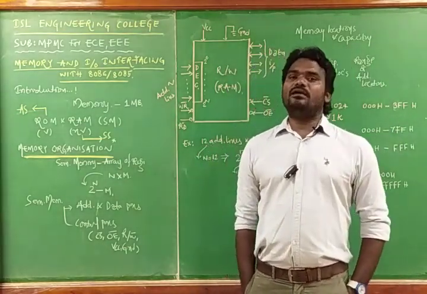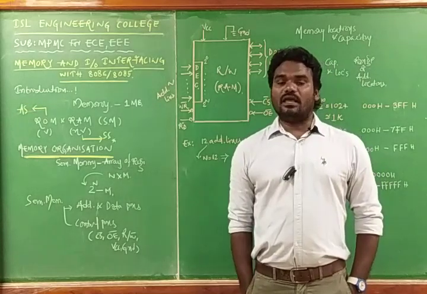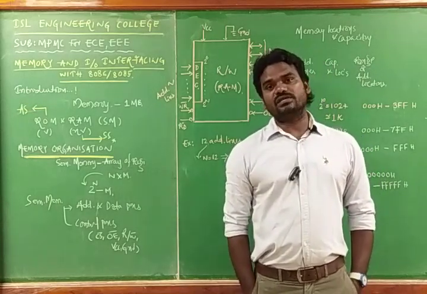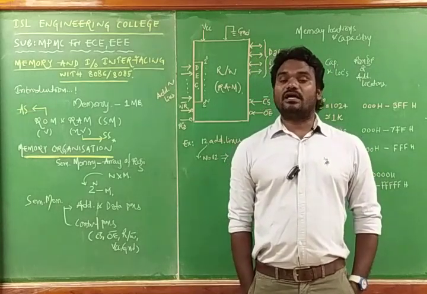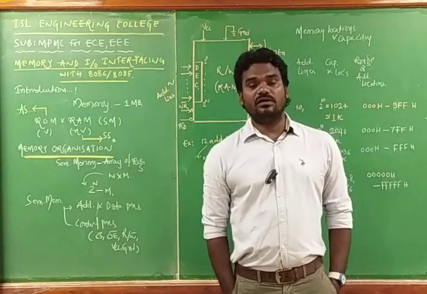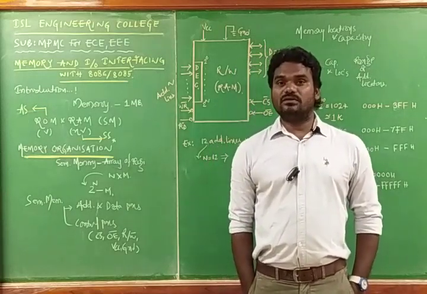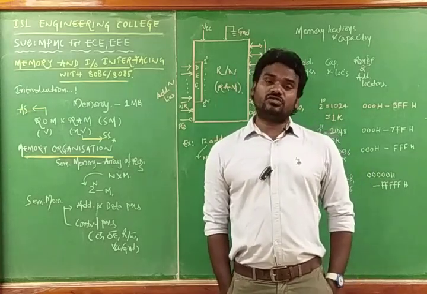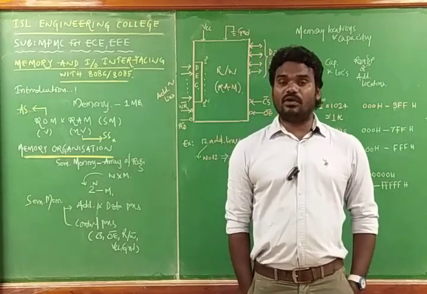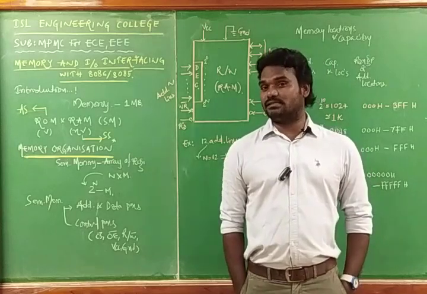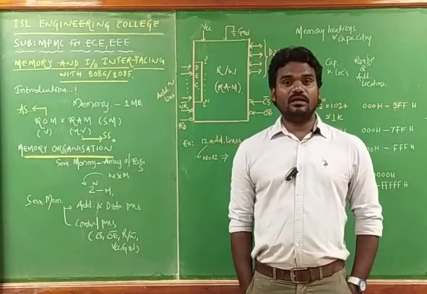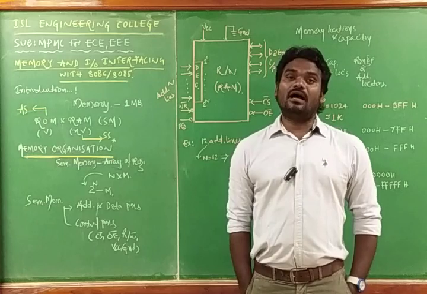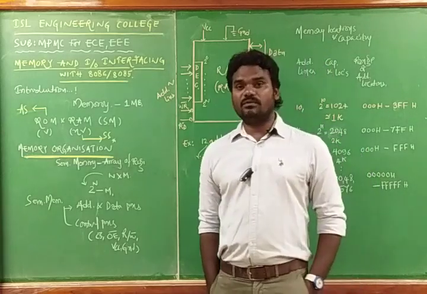In performing specific applications, the microprocessor has to fetch instructions from the memory, so the microprocessor has to be interfaced with the memory. Then only it can access data from the memory and fetch instructions from the memory.